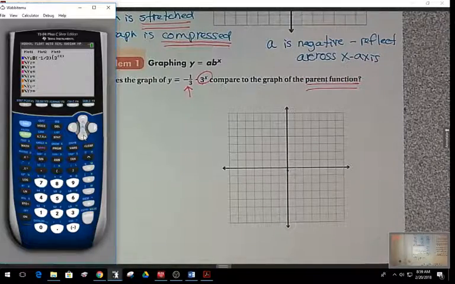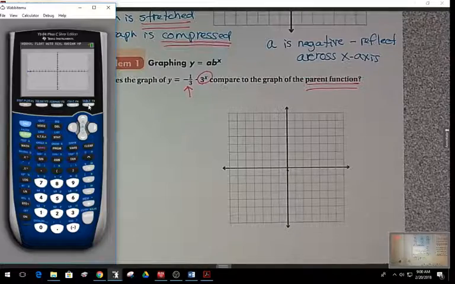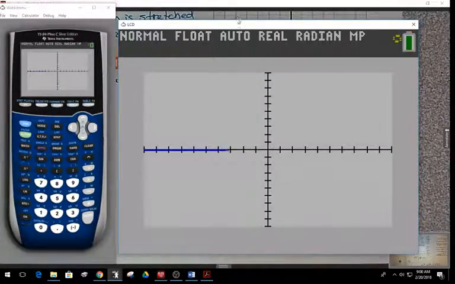I'm also at the same time going to type in just 3 to the x. You'll be able to see that one on mine in red. So the parent function will be in red. Your negative 1/3 times 3 to the x will be in blue. Okay, so let's graph both of those. And I'll get the big graph for you to see.